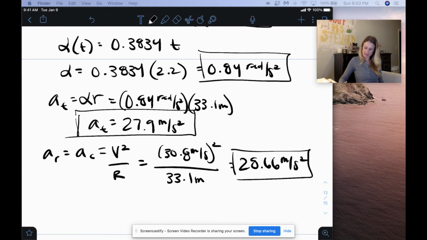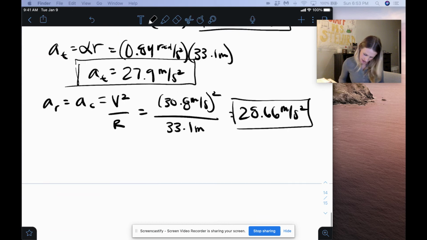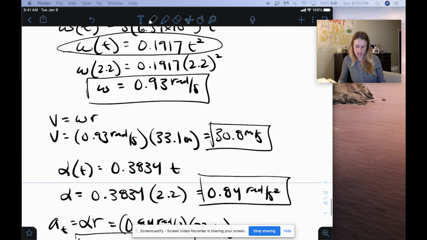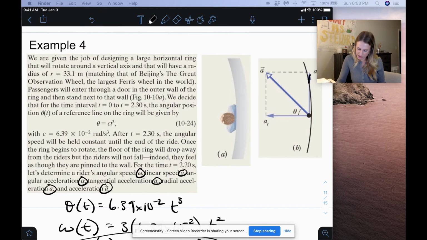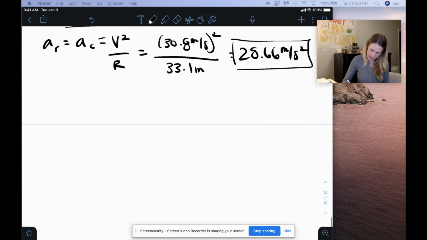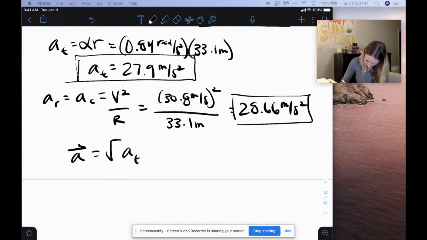for our radial acceleration. And then we want to find overall acceleration, which of course is going to be made up of tangential and radial acceleration. So you can see from this picture up here, the tangential acceleration is pointed straight up. Radial acceleration is pointed towards the center of that circle. So in order to find the overall acceleration, which is going to be this thing that's at an angle, we have to use Pythagorean theorem. So we get acceleration is equal to the square root of the tangential acceleration squared plus the radial acceleration squared.